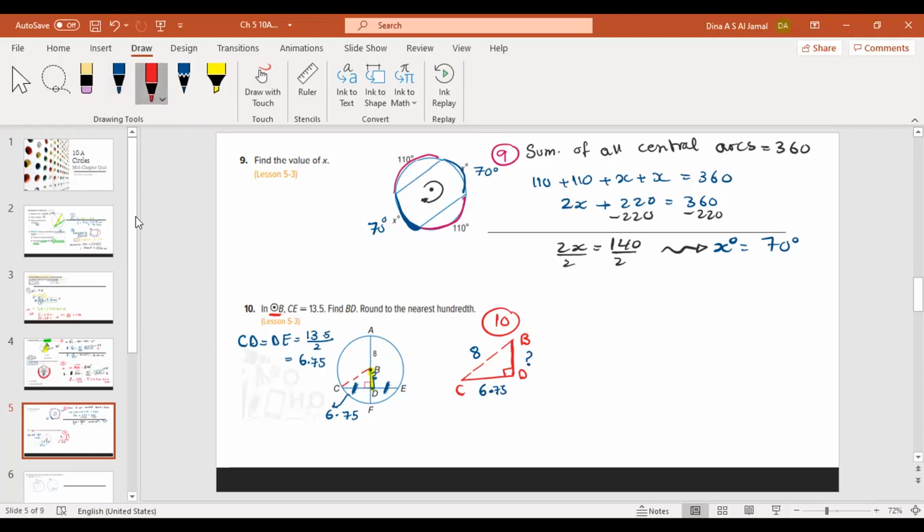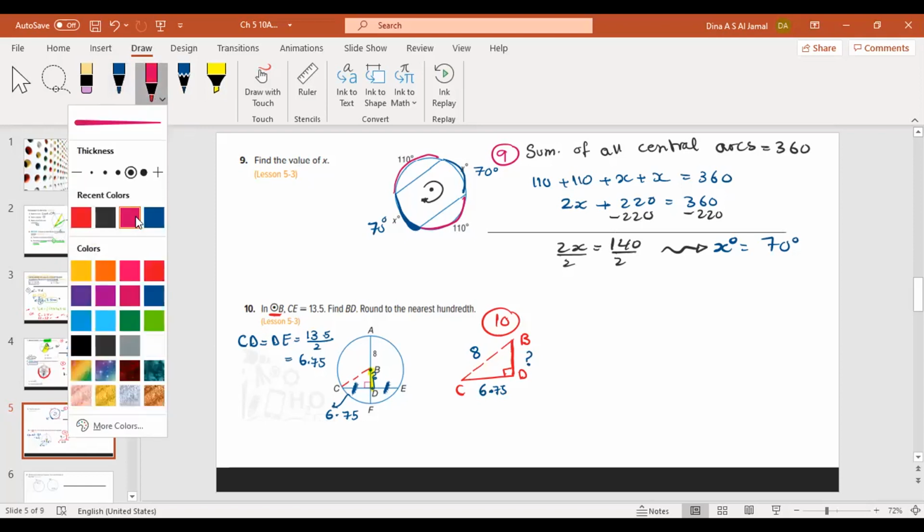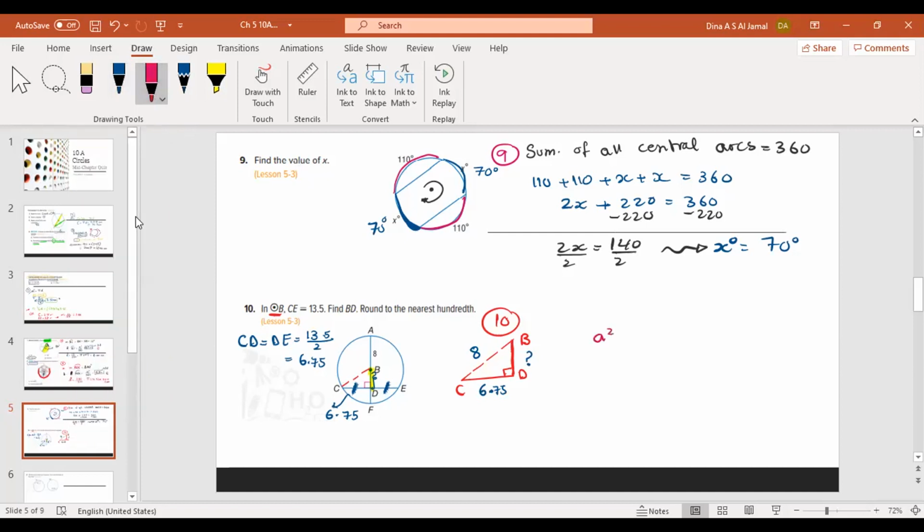Good. Now let's apply the theorem. A squared plus B squared is equal to C squared. So I have everything except BD. That means one of the sides is missing. So let's now use the rule. BD squared plus 6.75 squared equals 8 squared.